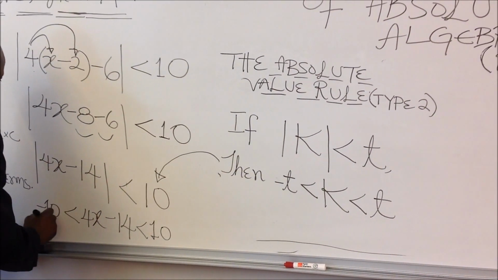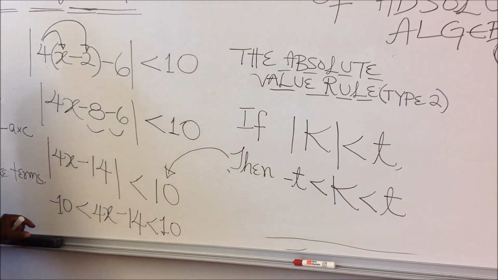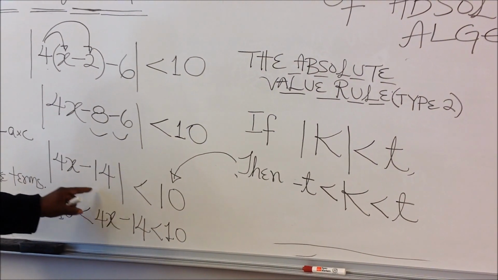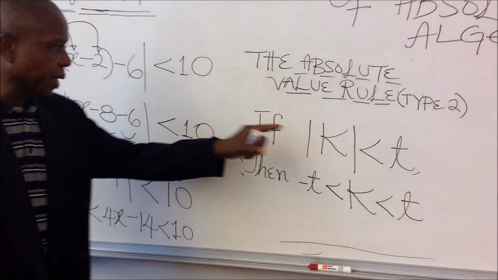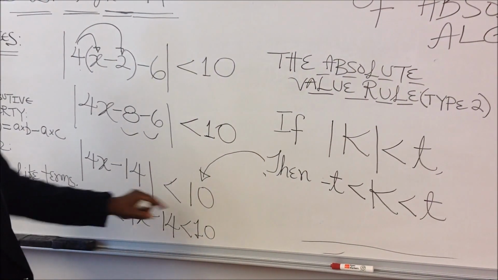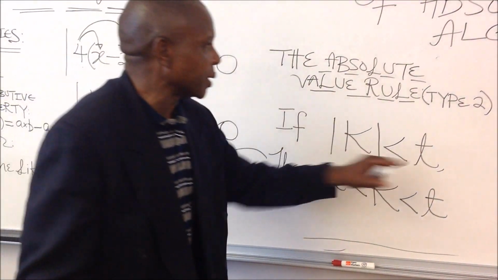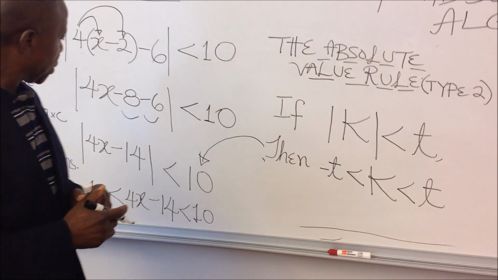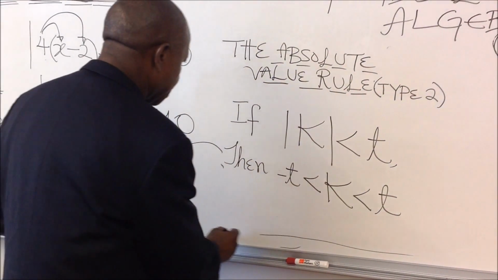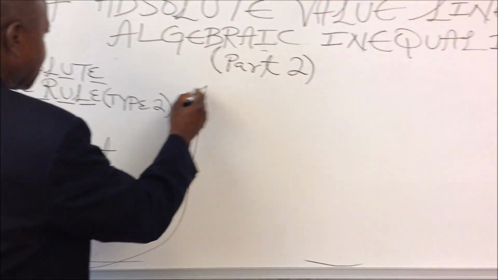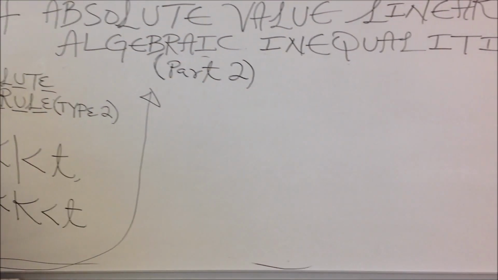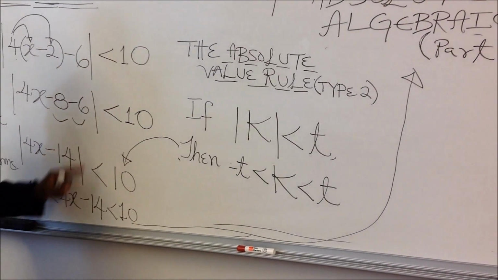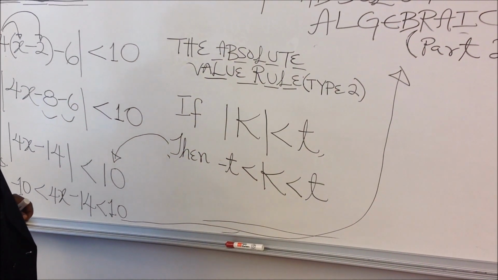So in this case then, the 4x minus 14 represents the k, and the number 10 represents the t in this absolute value rule. So let us then proceed now to solve the compound inequality that has been generated from this situation.